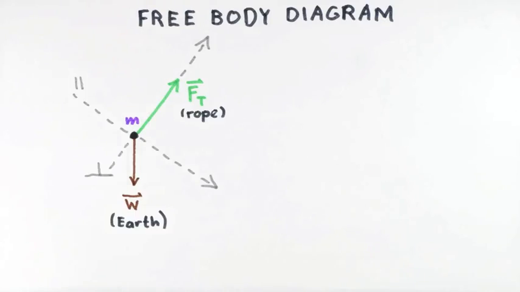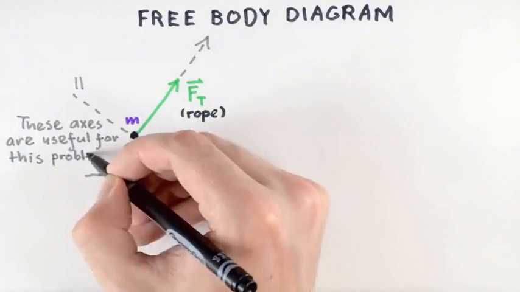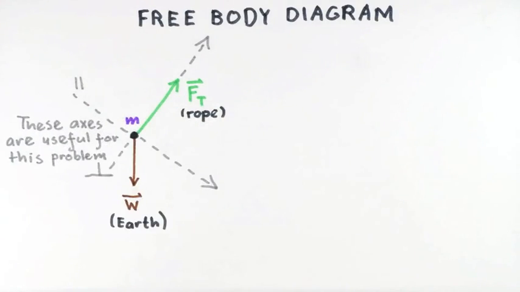We're making choices here that help us solve our problem more easily because we notice, with this choice, the tension force, which is the unknown we're trying to solve, has only one component in this coordinate system, the perpendicular component, so we can focus on just that component.